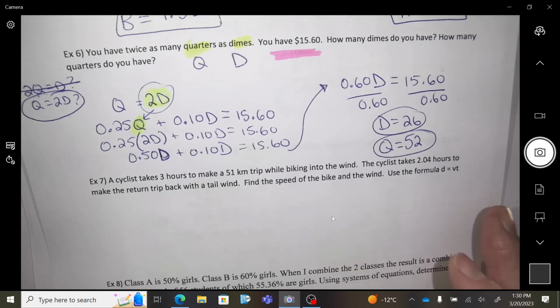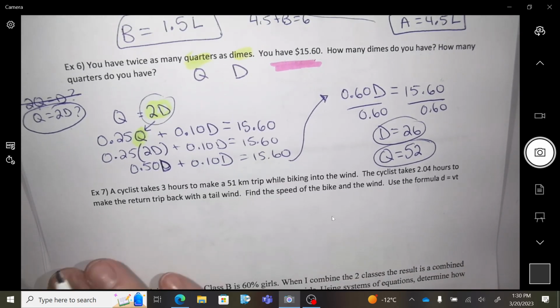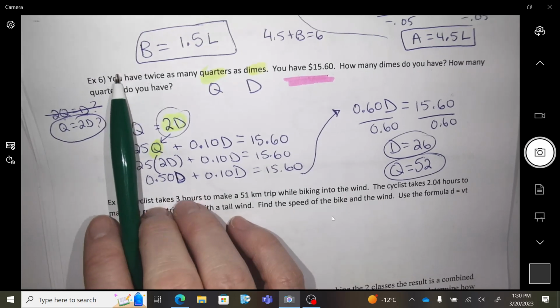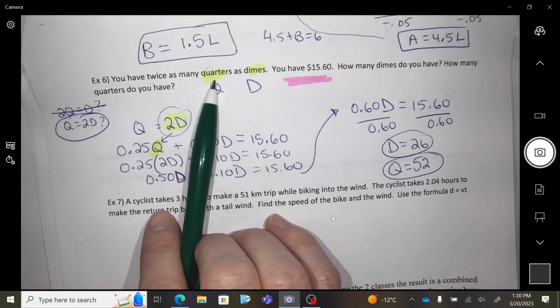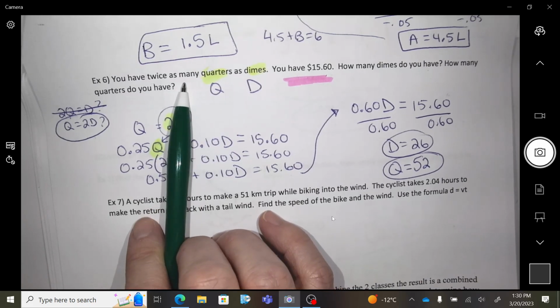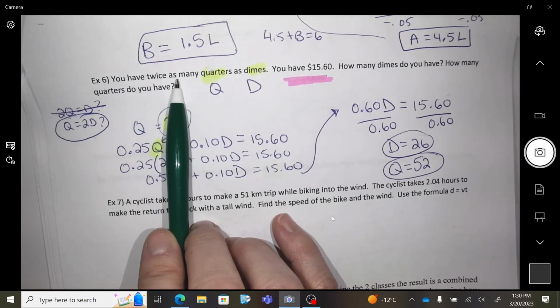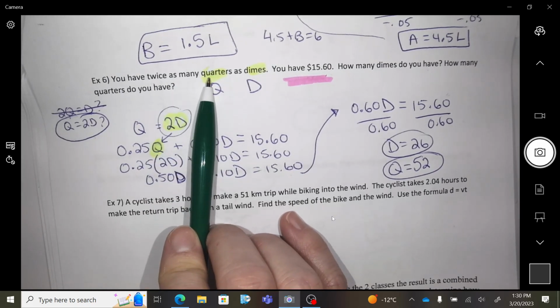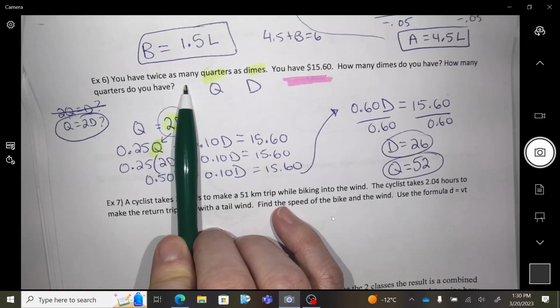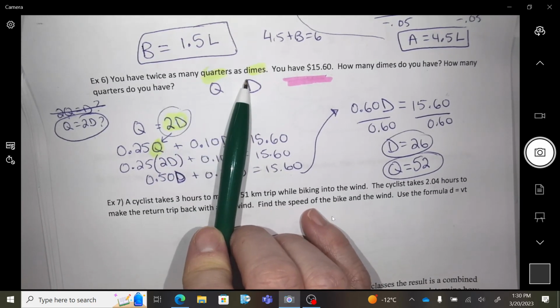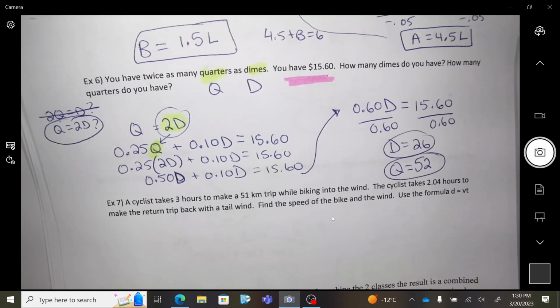This is what I teach my applied class, because we read sentences like this. You have twice as many quarters. When you read it, you see the 2 with the quarter, right? But it actually goes on the opposite variable. I think that's what's confusing. The twice on the quarters means the 2 actually goes on the other variable.